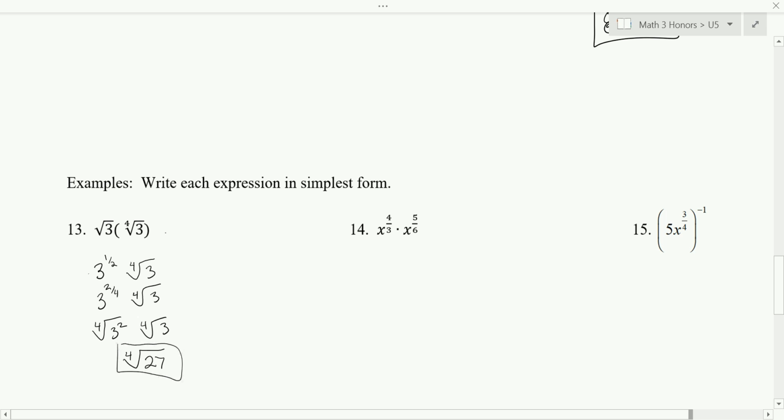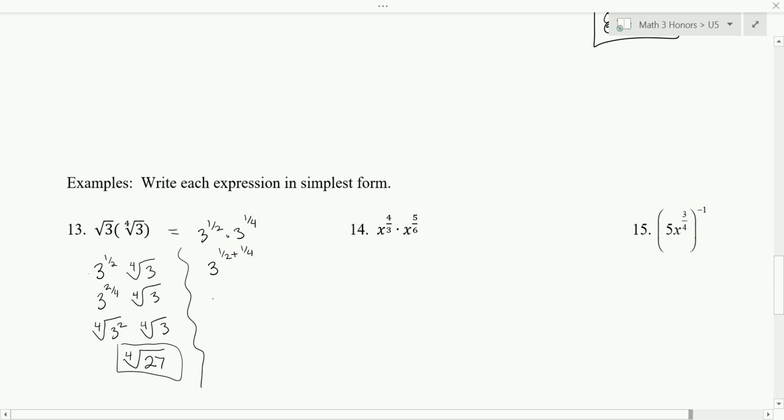We can also say, well, let's not work with roots. Let's work with fractional exponents. We could say, well, this is also 3 to the 1/2 times 3 to the 1/4. And base is the same. If the base is the same, leave it and add your exponent. So 1/2 plus 1/4. Again, you're going to have to get a common denominator. So you get your 1/2 to 2/4.